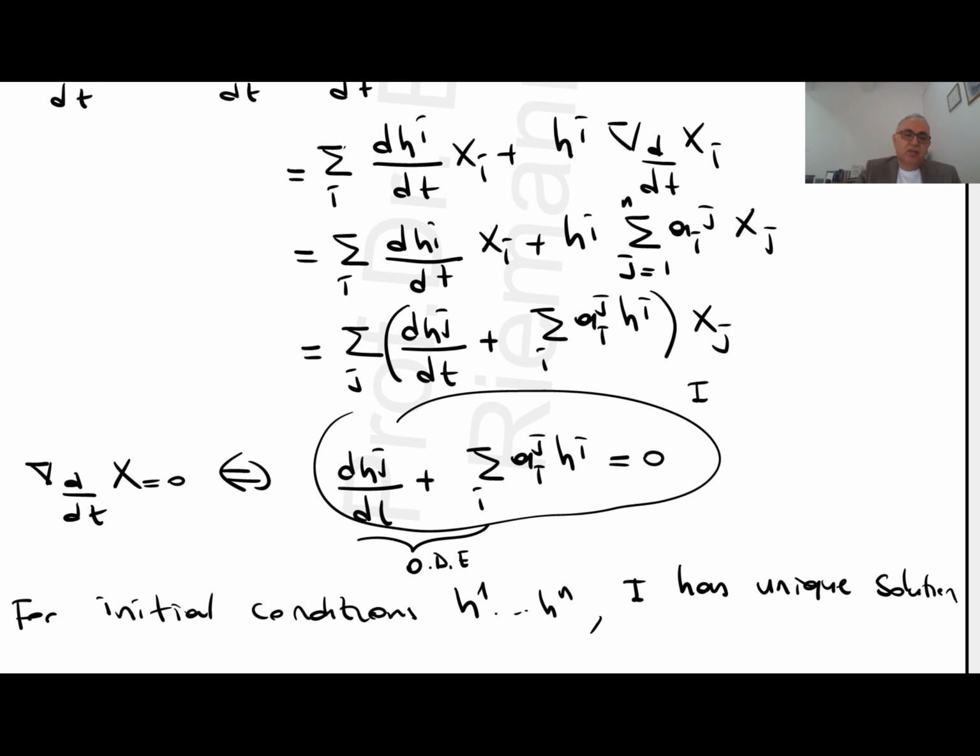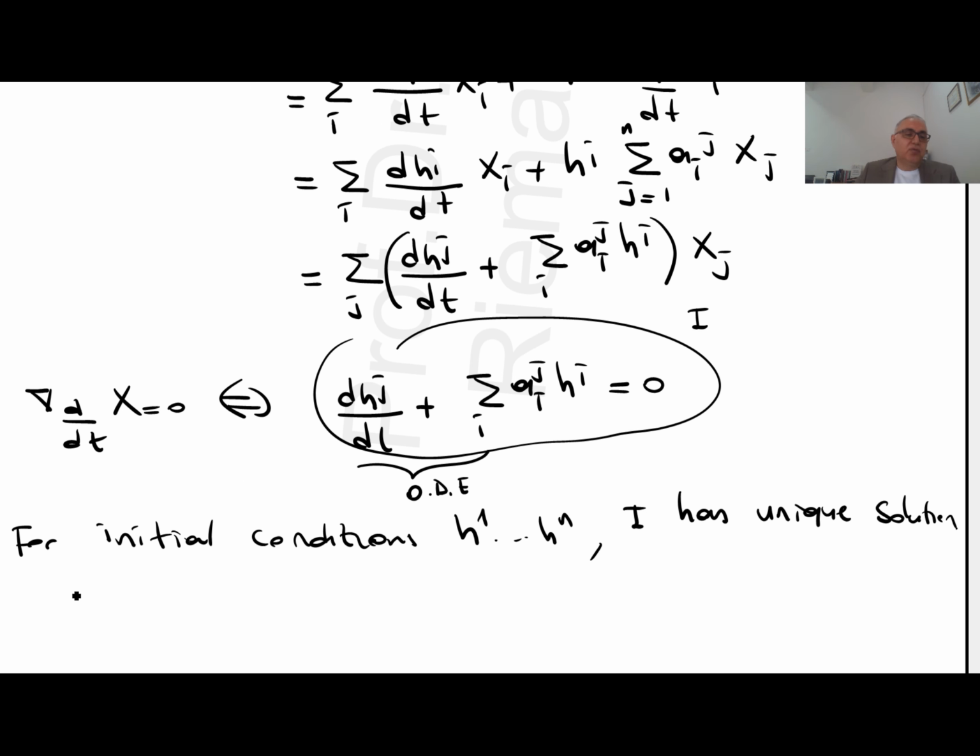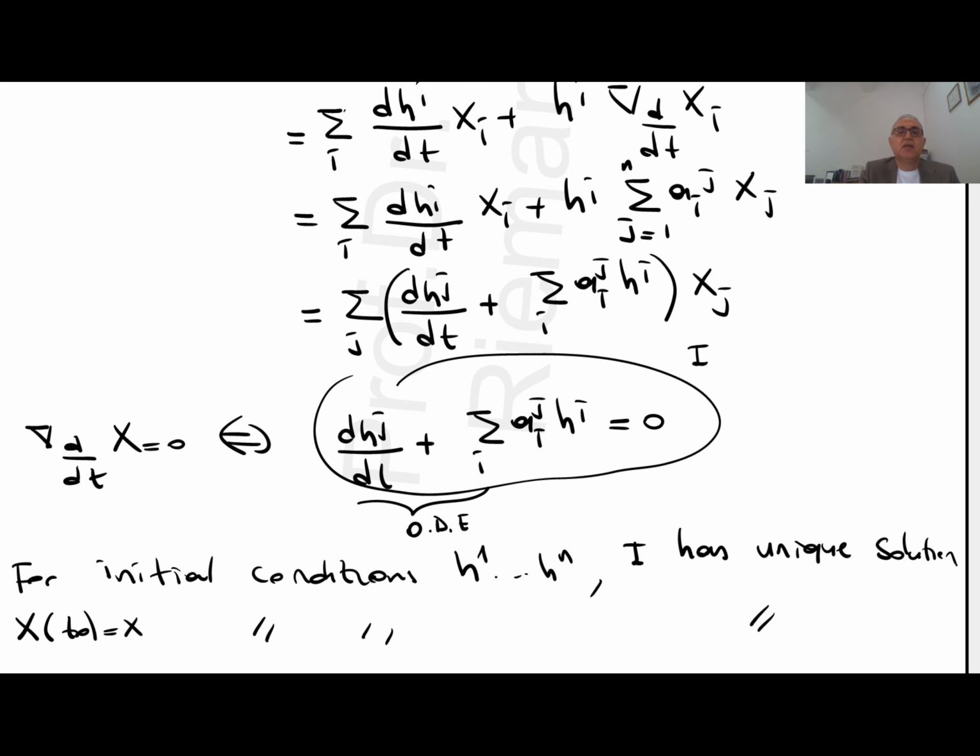So it means if you have x(t sub 0) equals x, then it will have a unique solution. This proves our assertion.